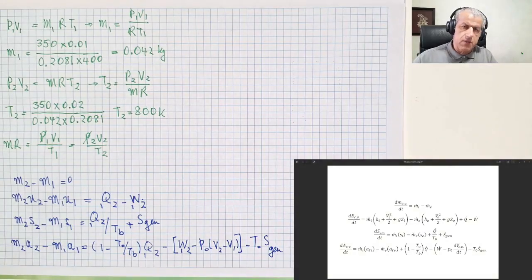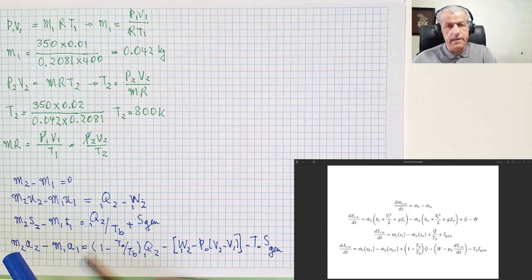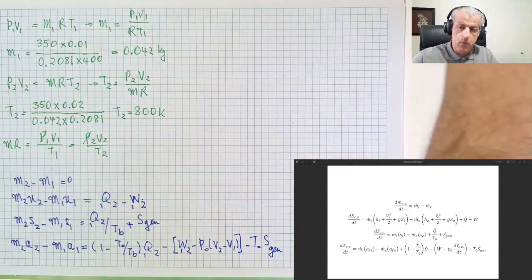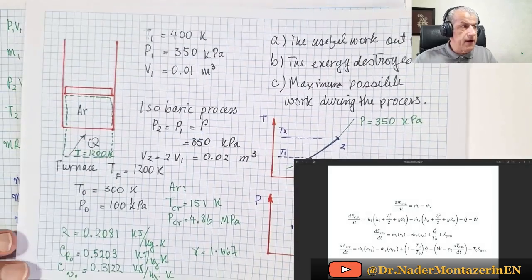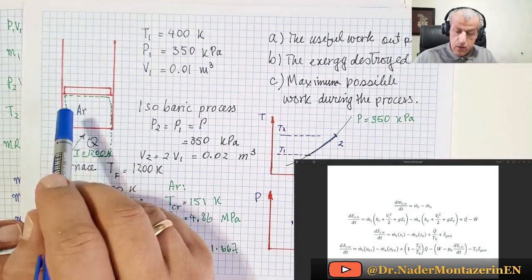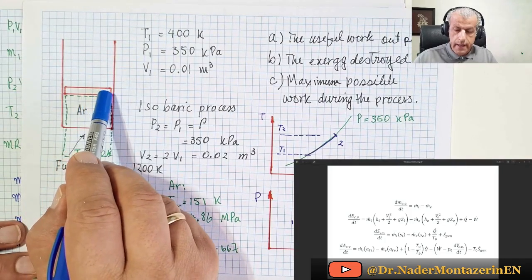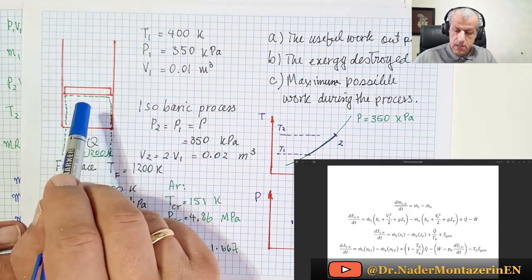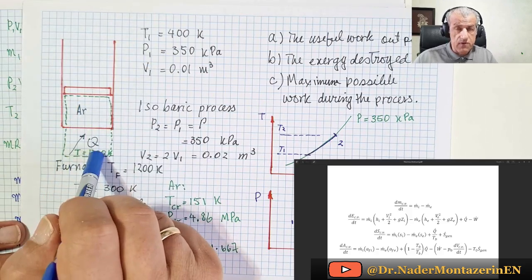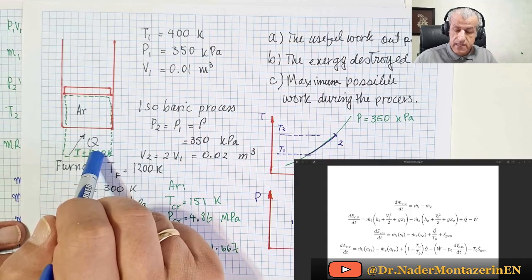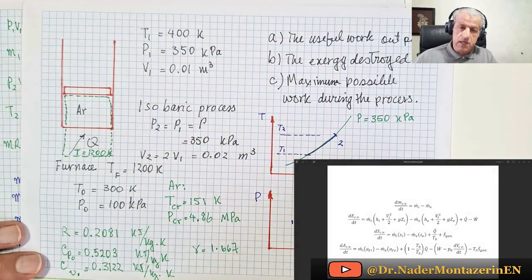In the previous part of this problem, I managed to define the problem and simplify the governing equations for the very special border I had selected. Our border was a border where one border was doing work and its pressure was 350 kilopascal, and the other border was responsible for heat transfer and its temperature was 1200 Kelvin.